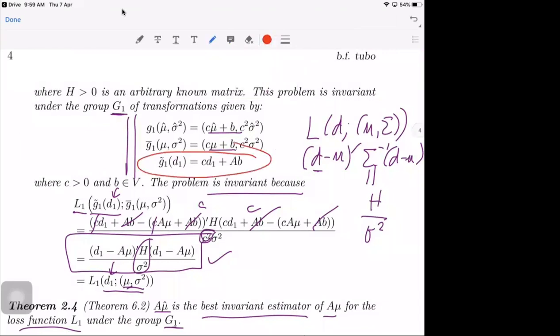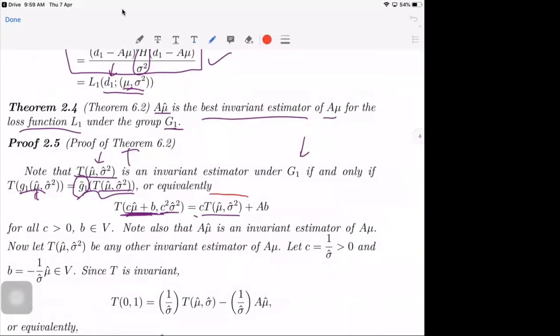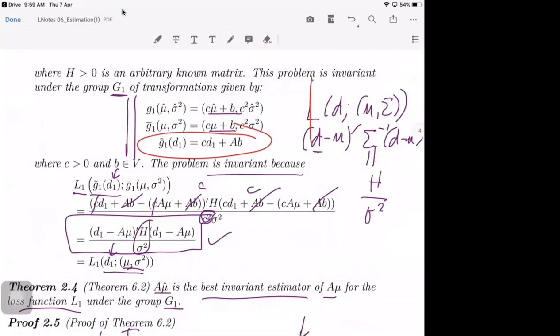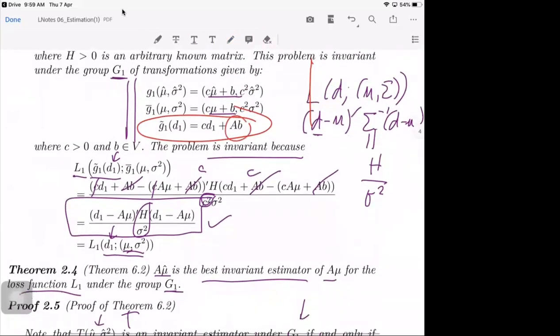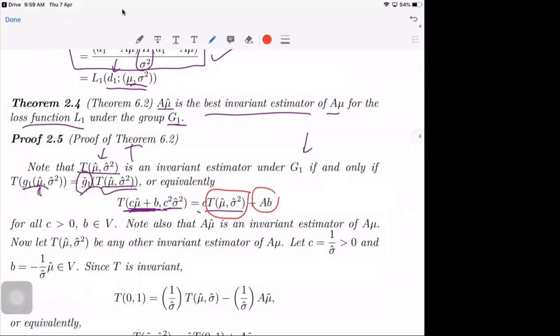So C at D1, but your D1 is now your estimator. Okay? That is T of mu hat sigma hat square plus AB. Okay? So you always go back to the type of transformation that you are going to use.